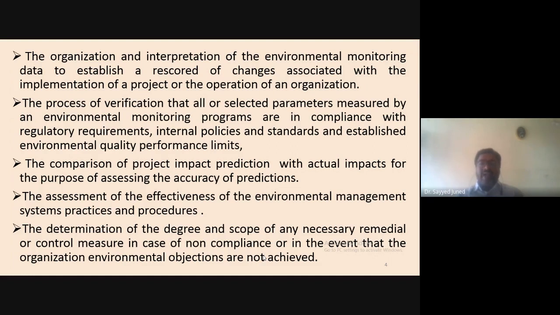It means we assess the accuracy of prediction of environmental issues in your college, institution, or university, and the effectiveness of the environmental management system practices and procedures. These changes depend on your society, your college, and the higher education institution.